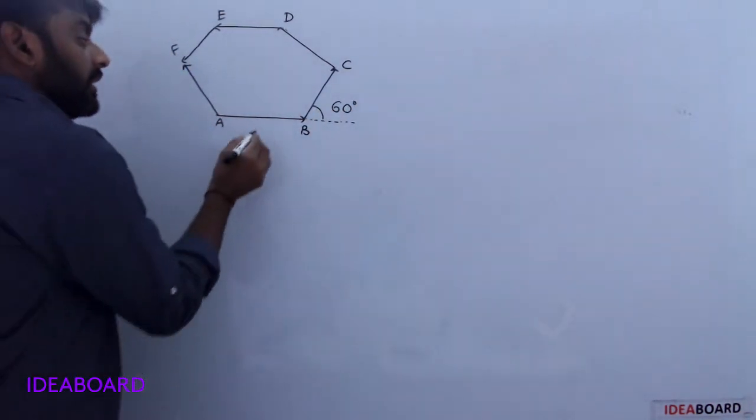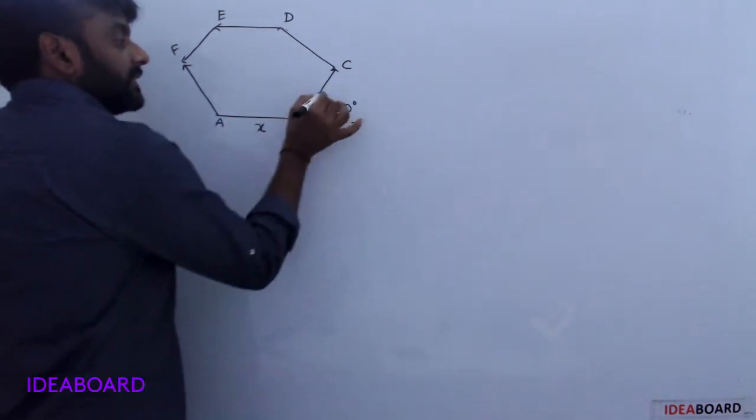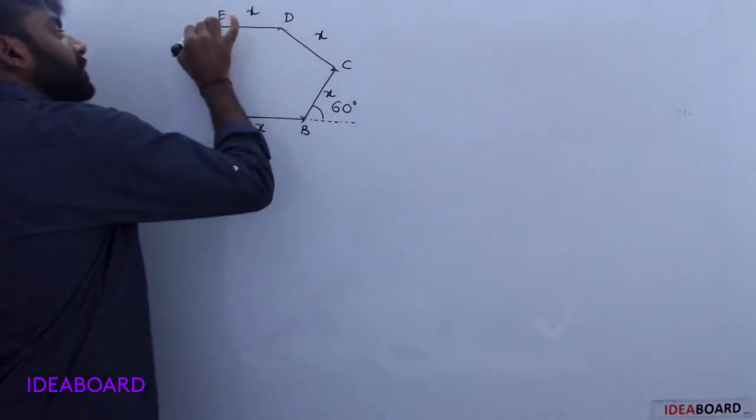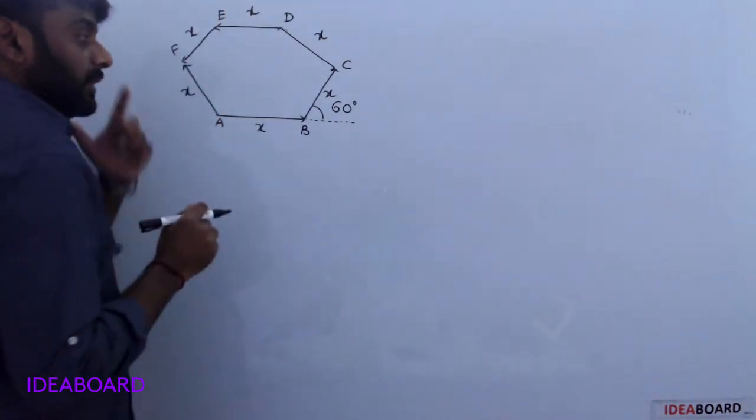For example, its magnitude is x. This one is x, this one is x, this one is x.